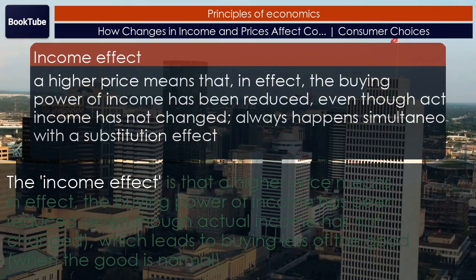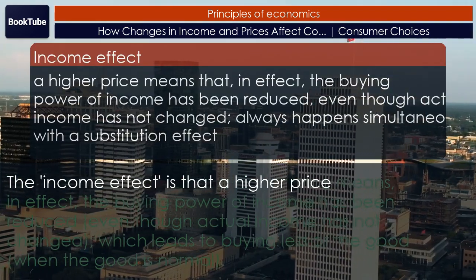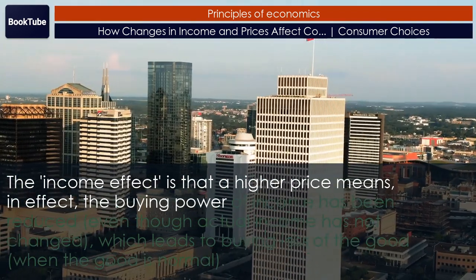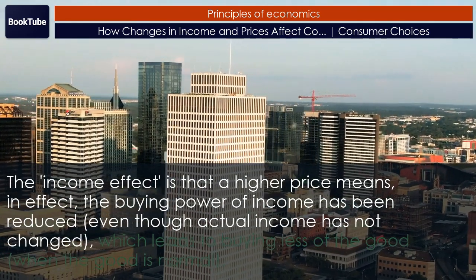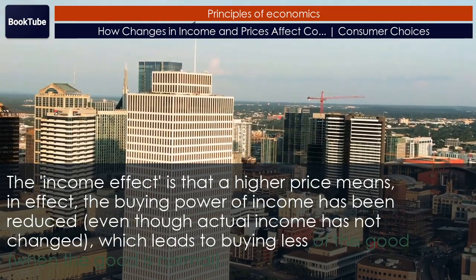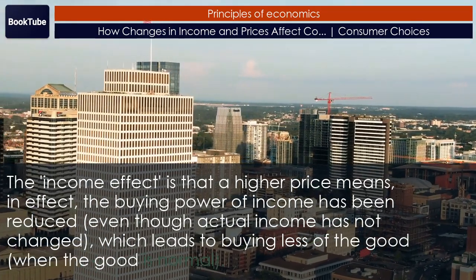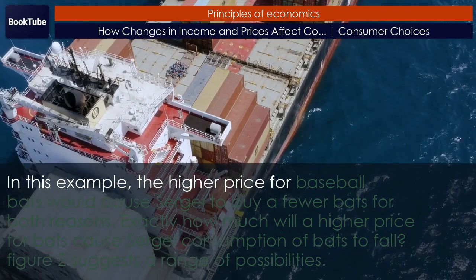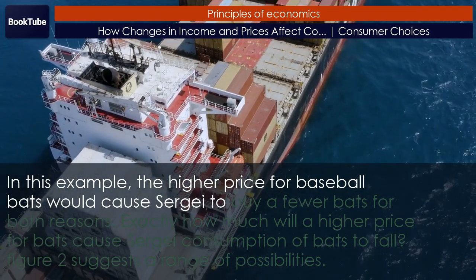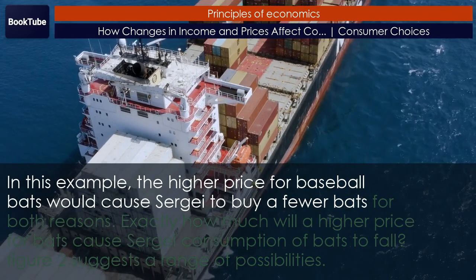The income effect is that a higher price means, in effect, the buying power of income has been reduced, even though actual income has not changed, which leads to buying less of the good when the good is normal. In this example, the higher price for baseball bats would cause Sergey to buy fewer bats for both reasons.